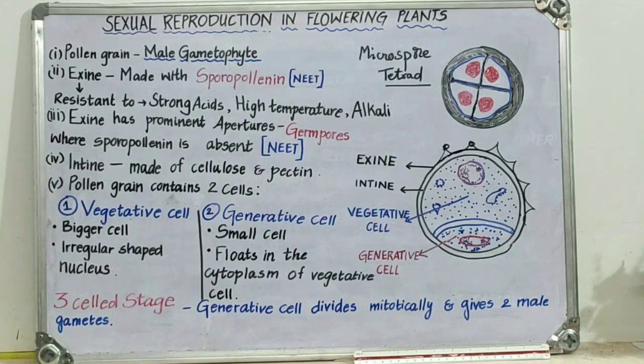Next, pollen grains are rich in nutrients. Pollen consumption is claimed to increase the performance of athletes and race horses also.